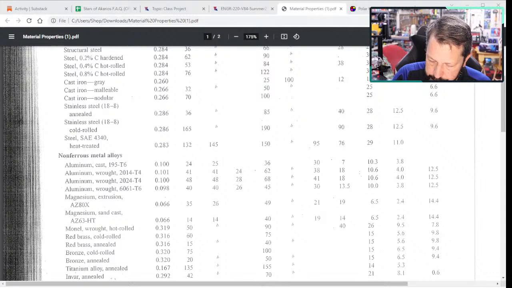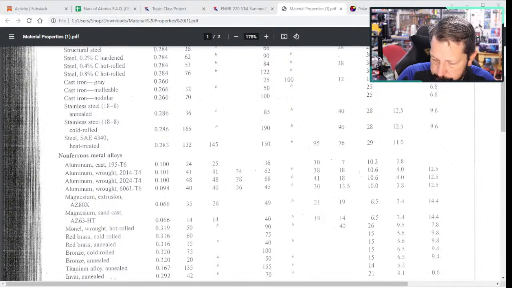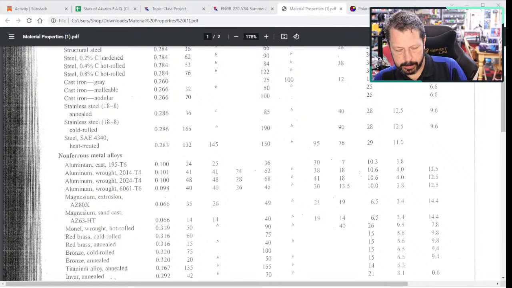Polar moment of inertia, pi over 32 times the outer diameter, 2 inches, to the 4th. Again, technically this is a negative shear stress, but that's not going to matter. 20 times 12 times 2 divided by 2 is 1, so 240 pounds in the numerator. Denominator, pi over 32 times 2 to the 4th.